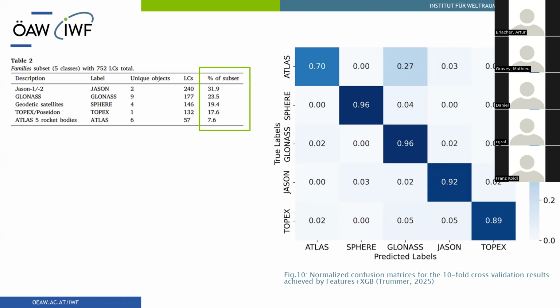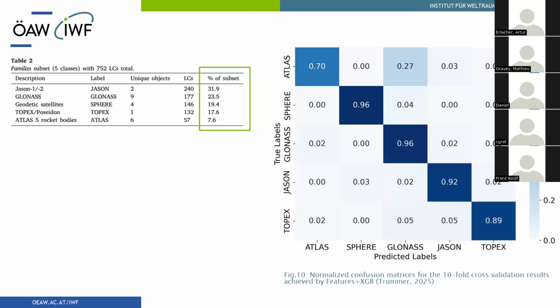You can see for most of the samples, we are close to 1 on the diagonal, with one exception, and that is the Atlas class. Atlas contains rocket bodies. Why confusion matrices are so great is that we can see, okay, 70% have been classified correctly, but where's the other 30%? What has happened? Seeing that, we can say that around 30%, 0.27, have been wrongly classified as GLONASS satellites.